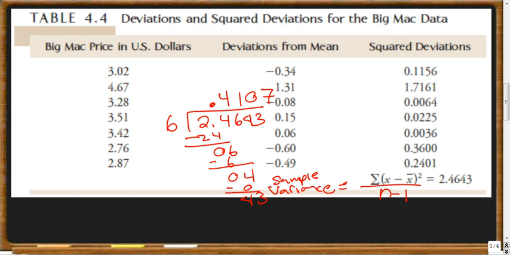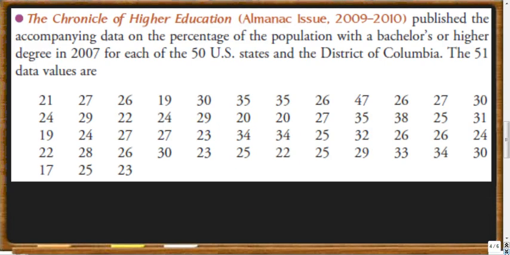So that is our sample variance. Now, if we wanted to find our standard deviation, we would take the square root of that. But that is how we get a judge for the variability of our data set. We'll see when we compare these numbers later how important they actually are.